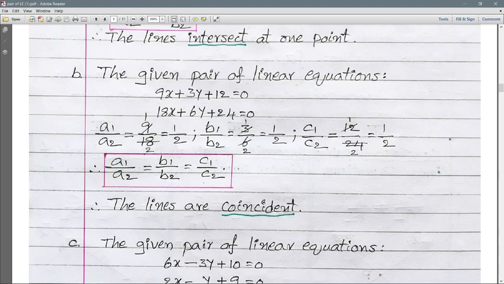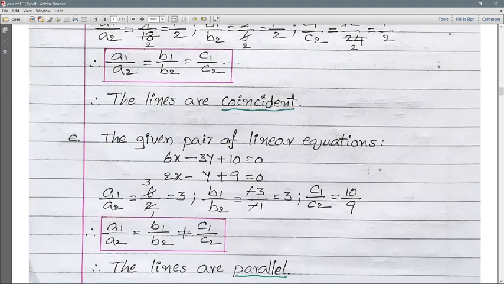Next, b1 by b2, 3 by 6, that is also equal to 1 by 2. Next, c1 by c2, 12 by 24, that is also 1 by 2. Here the values of a1 by a2, b1 by b2 and c1 by c2 are the same. So here the third condition is applicable. The lines are coincident.